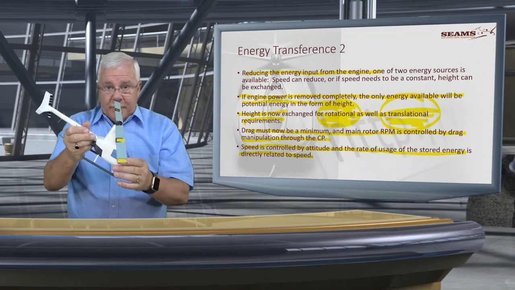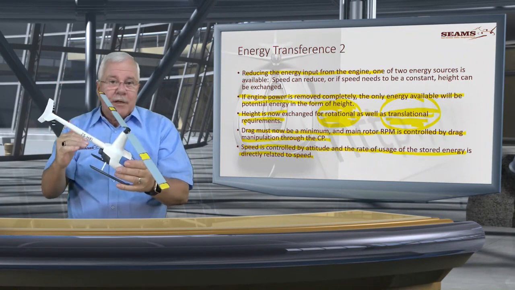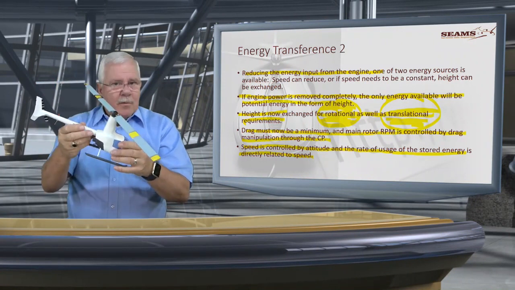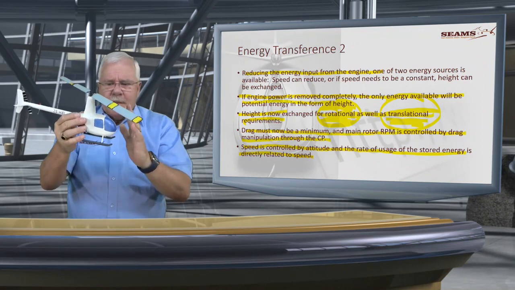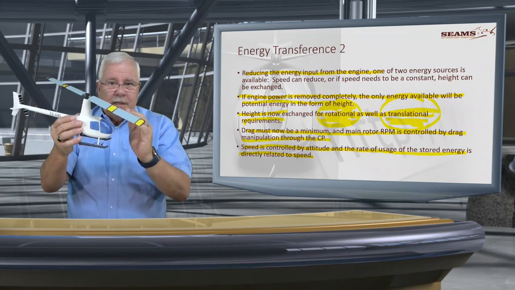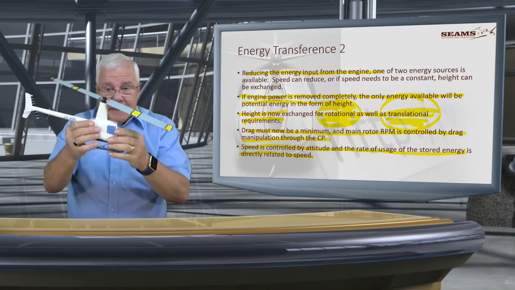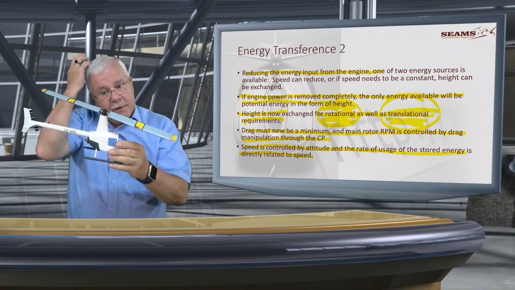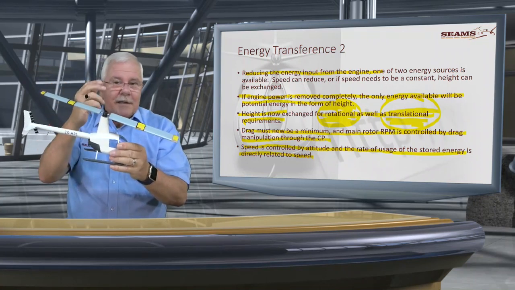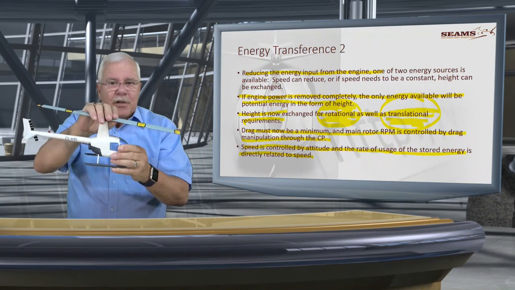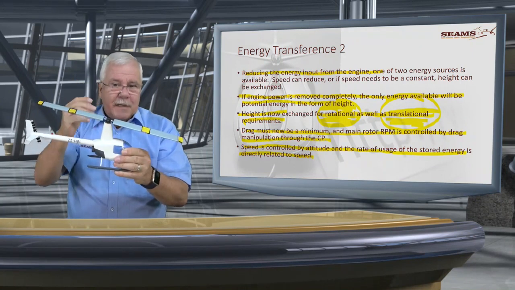So if you descend steeper and faster, then you're using up the potential energy faster. That's why we've got speed. We say the best rate of descent here, let's say in the autorotative state, is 65 knots. Then we maintain 65. Theoretically speaking, if we descend higher than that, there's going to be other effects, and we will discuss that later on.